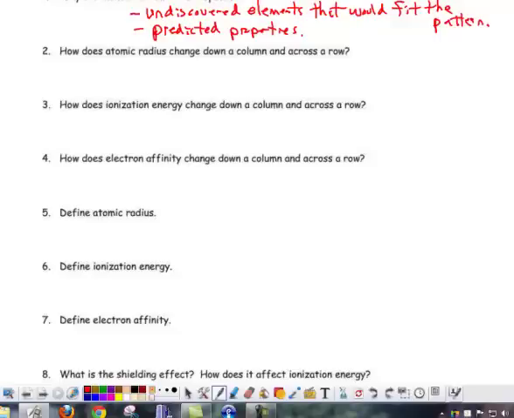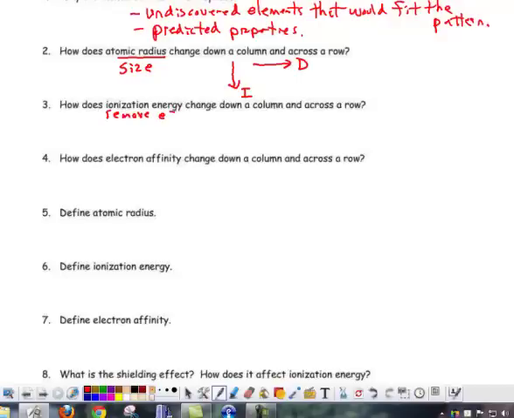All right, so how does atomic radius change down a column? First of all, atomic radius is the size of the atom. It's from the nucleus to the outermost electrons. And it increases going down and it decreases going across. Ionization energy, which is the amount of energy to remove electrons.